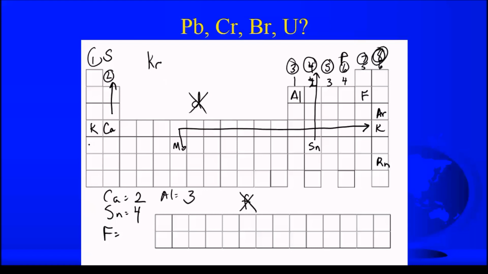Krypton, then starting right here. 5s2. Good. How many S and P electrons does it have?